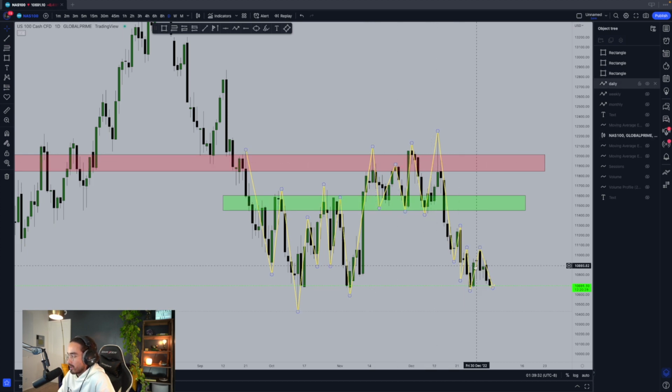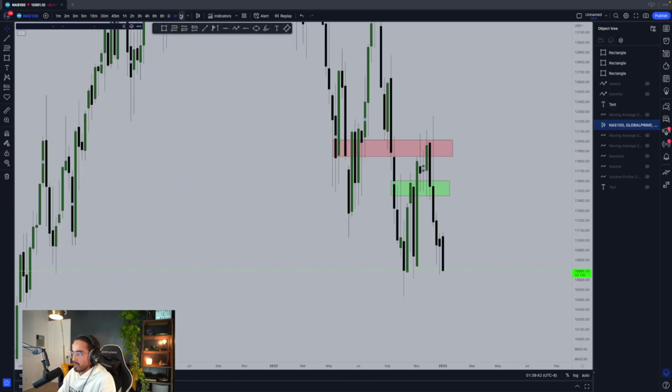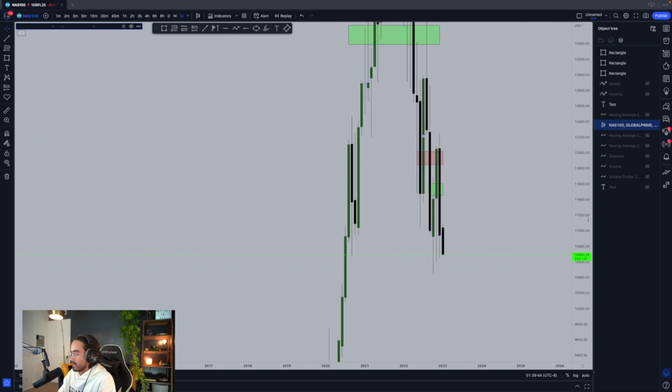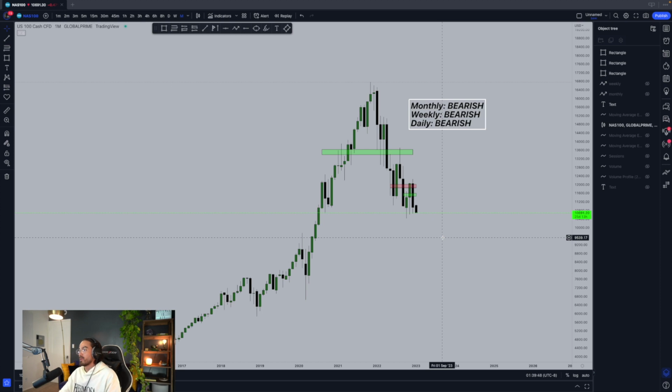So currently, at least on NAS 100, we are in an overall downtrend. We are bearish on the monthly, the weekly, and on the daily, right? So I'd probably only be looking for shorts, to be honest. But you trade how you want to trade.